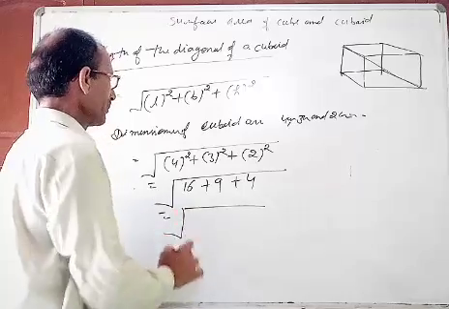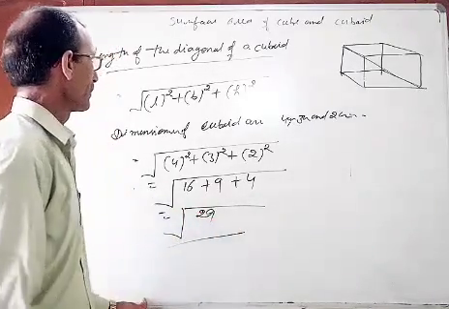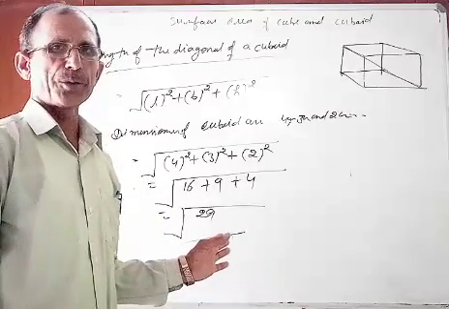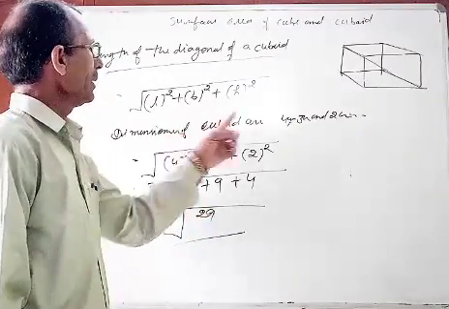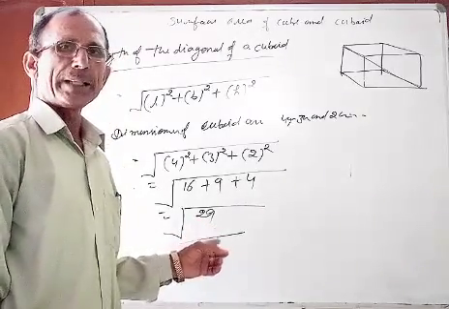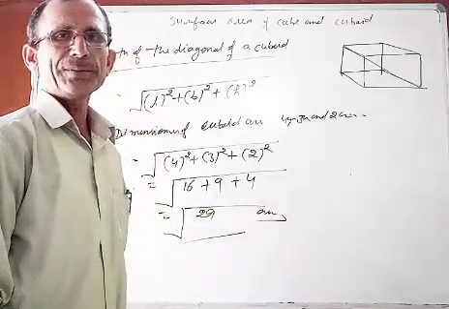Now add them, so 29. So the length of the diagonal of a cuboid whose dimensions are 4, 3 and 2 centimeter will be root 29 centimeter. Any doubt, any confusion?